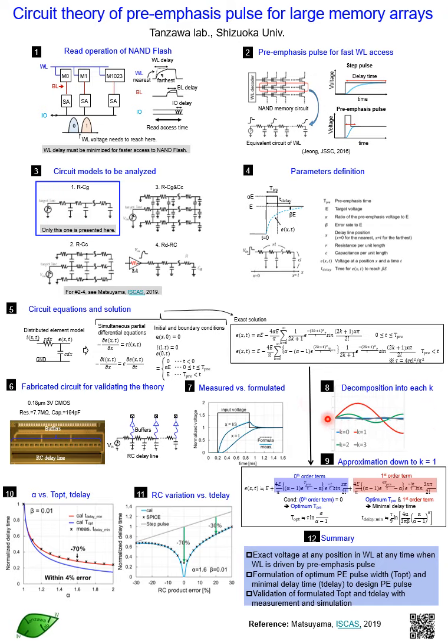This is an animation. The x-axis shows the position of the word line, and the starting point is right after the pre-emphasis pulse. K is the wave number. K equals 0 shows the DC term.